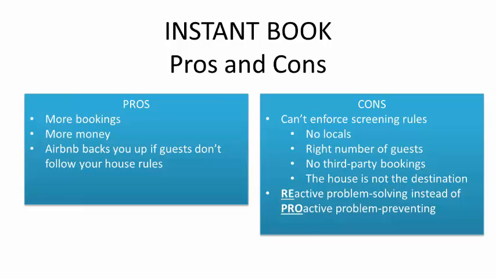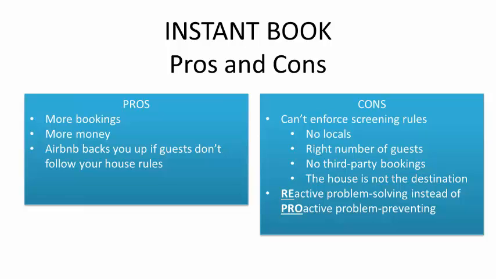And now I have this problem to deal with. So I can tell Airbnb, hey, they brought too many people. Hey, they had a party. They didn't follow my house rules. But I'm already in the situation, and now I have to react. So I prefer to be in the proactive, problem-preventing position by simply screening my guests up front.